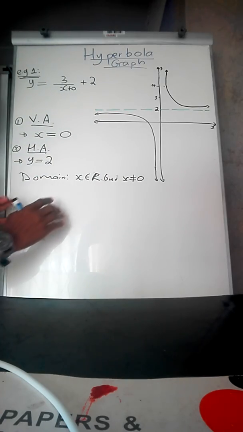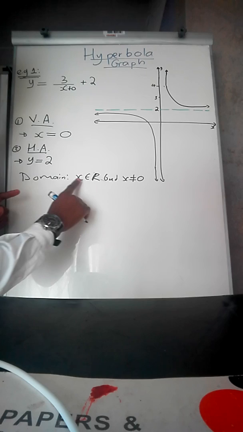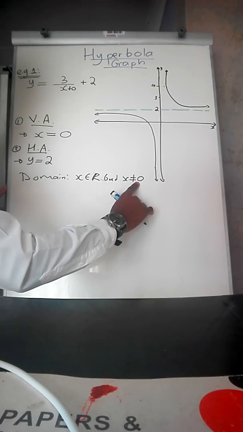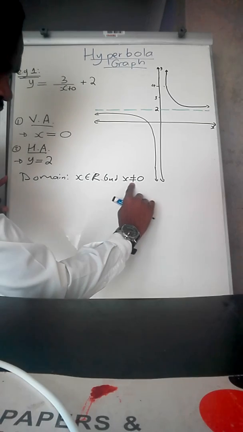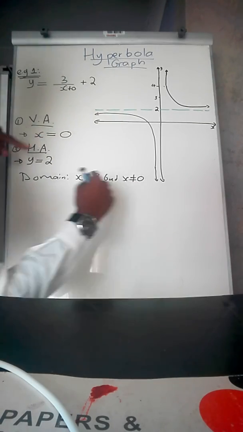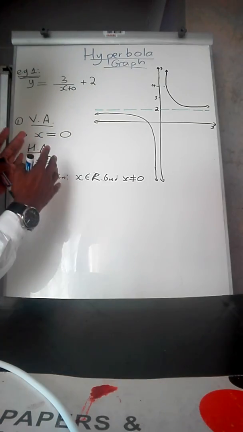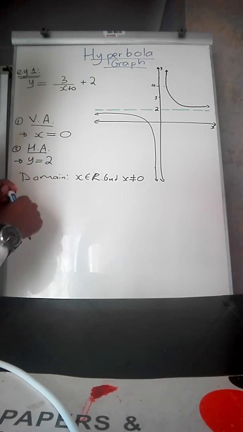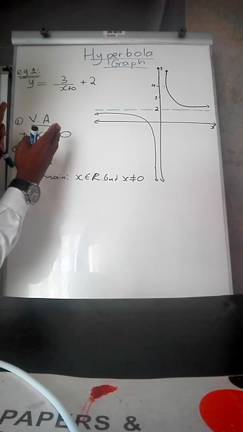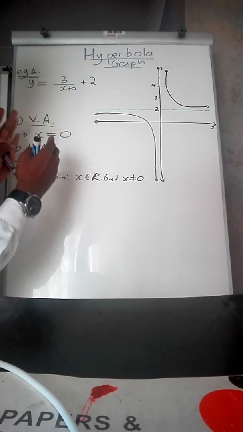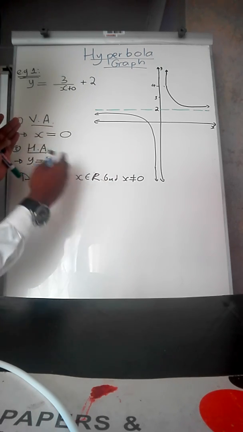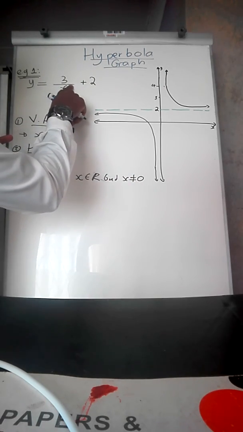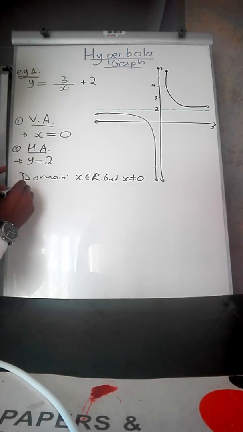The possible values of x are the element of real numbers, but x cannot be 0. I'm taking it from the asymptote, because we were told that the definition of the asymptote is the value that the graph should not touch. For the x values, it's that 0 there, because if you plug in 0 there, that whole thing is going to be undefined.